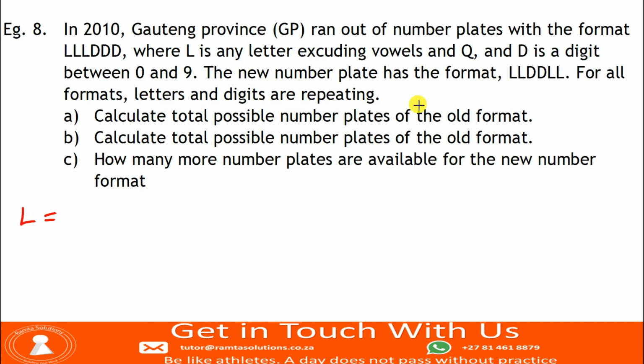So we are excluding vowels. There are 5 vowels, all right? The alphabet is A, B, C, and so on until Z, which means we have 26.